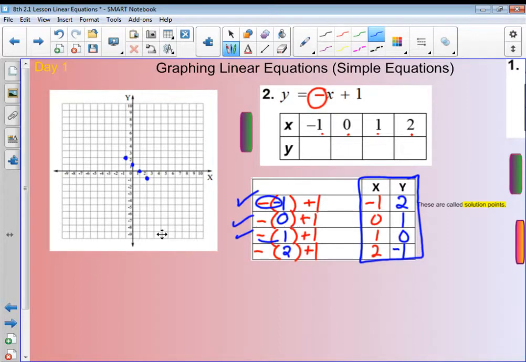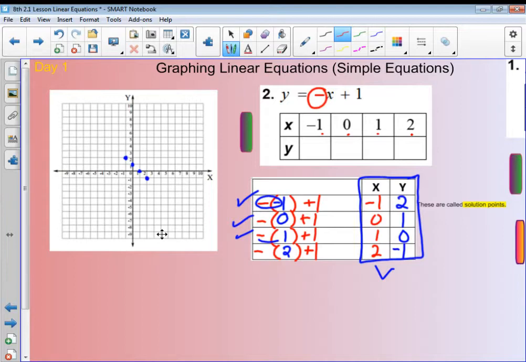You'll notice that once again I have a straight line pattern. All linear equations are going to create that straight line. A common mistake is kids will plot backwards, and it should be very visual right away. You'd think, I did something wrong. I either solved my equation incorrectly or I plotted them backwards.